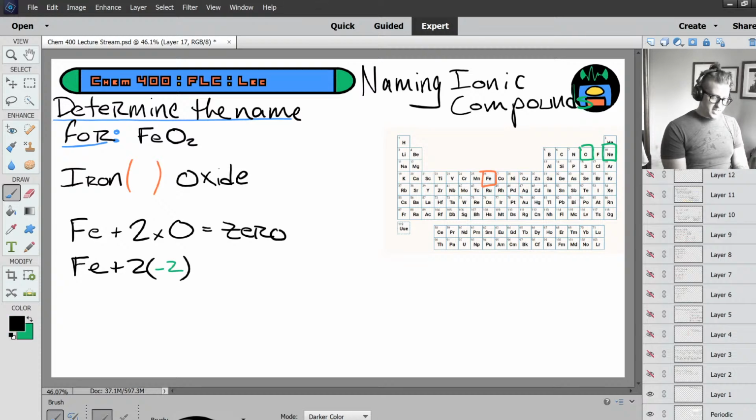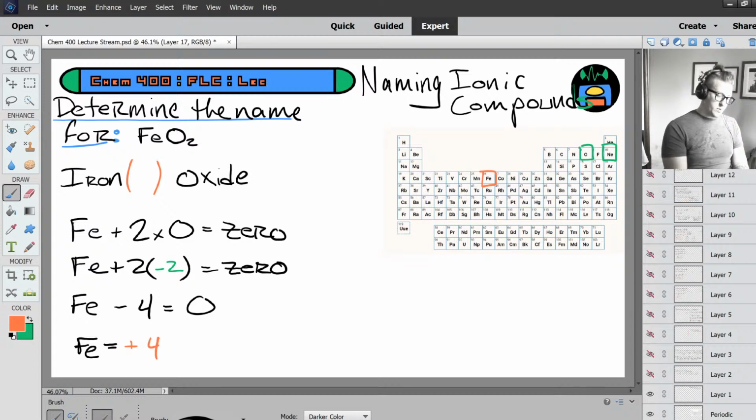So we can punch that into the equation and now solve. We know that iron minus 4 equals 0. So iron in this compound must have a charge of +4. So this will be iron(IV) oxide.